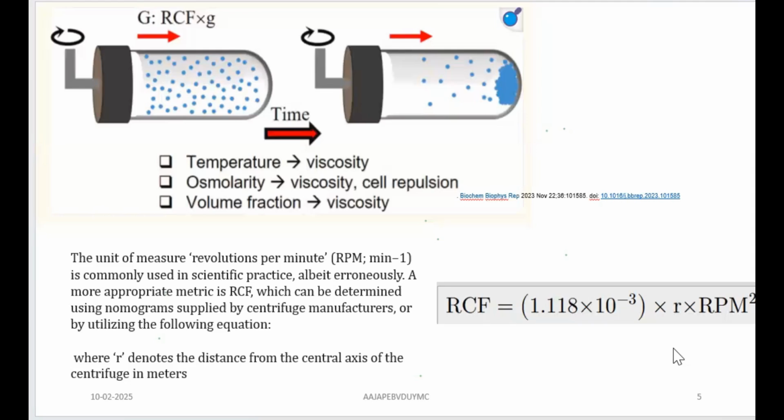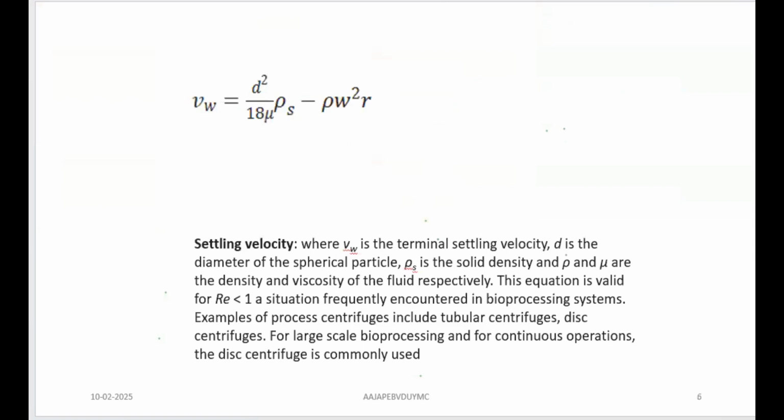So apart from RCF, rate of sedimentation of a given particle will also depend on certain more characteristics of the instrument, and more than that, that of the particle itself. Right. So what are these factors which affect the movement of the particle when it is settling?